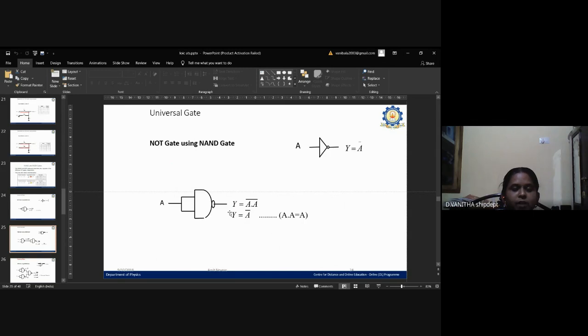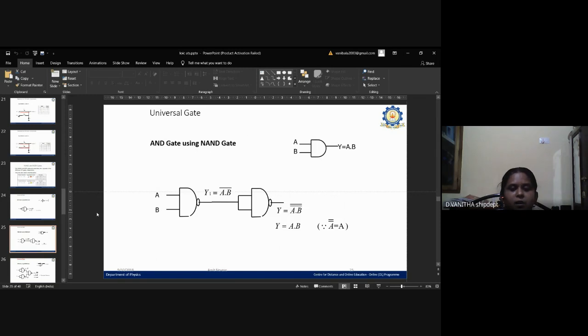Next, the AND gate is formed by using NAND gates. For that we take two NAND gates. In the first NAND gate, we take two inputs, A and B. The output of the first NAND gate is A dot B inverse.